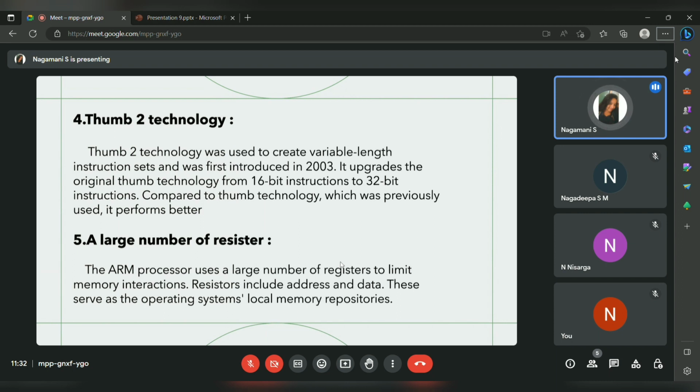The fifth feature is a large number of registers. The ARM processor uses a large number of registers to limit the memory interactions, and registers include address and data modes. These serve as the operating system's local memory repositories.